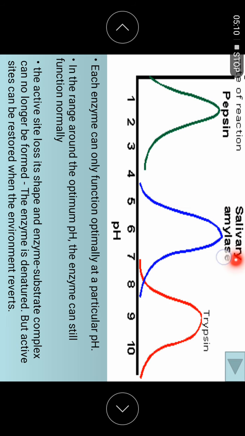The enzyme. So what happens next is after the stomach, the chyme from the stomach will enter the duodenum. The duodenum is a place where the partially digested food has contact with bile.